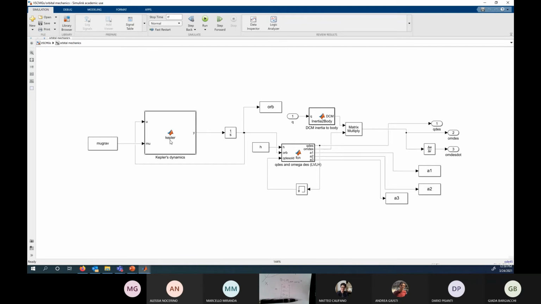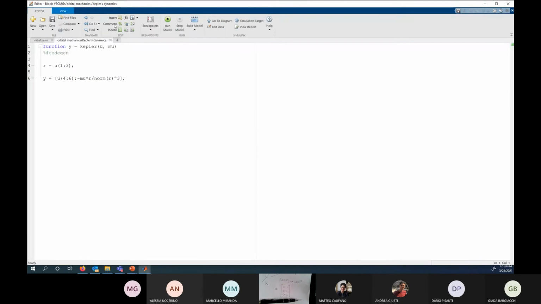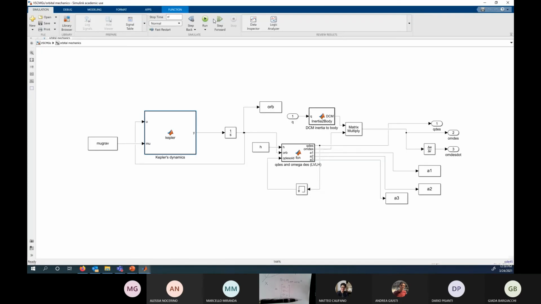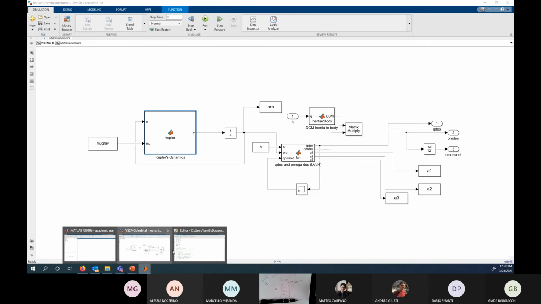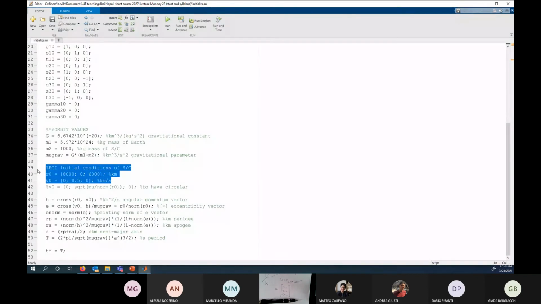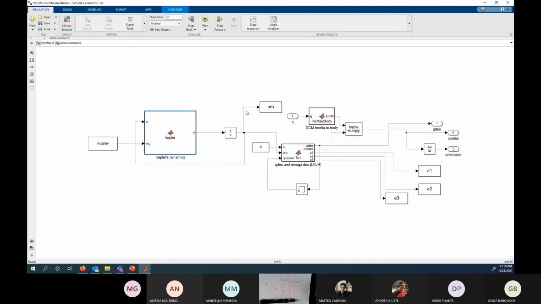But I strongly recommend that you start working on this. Just keep in mind that your goal is integrating the Keplerian orbit with the initial conditions that I'm giving you here. I'll put it in a slide eventually. And once you have your orbit simulated, create the desired quaternion and desired angular velocity as I have outlined.